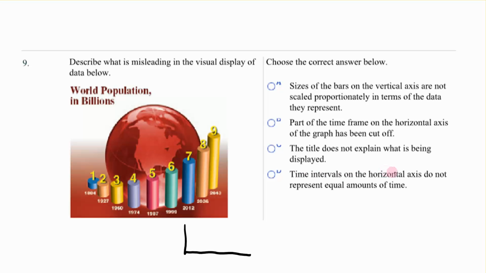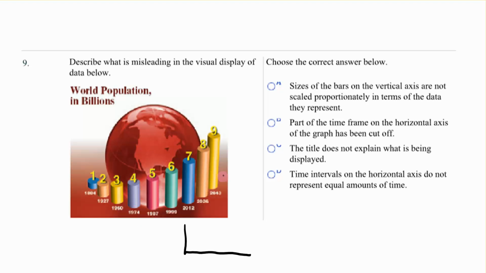Time intervals on the horizontal axis do not represent equal amounts of time. From 1904 to 1927 is what? 23 years. But from 1927 to 1960 is 33 years. And then from 1960 to 1974 is 14 years.